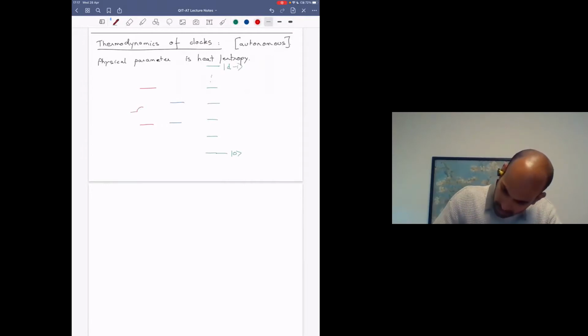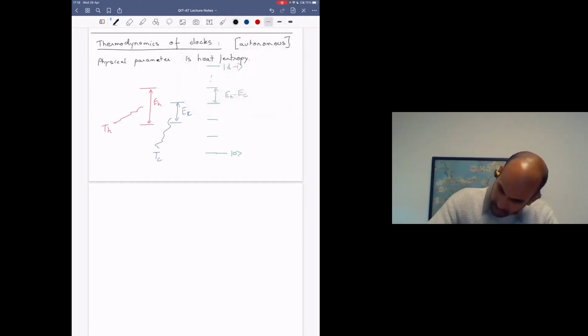Okay, this was coupled to a hot temperature. This was coupled to a colder temperature. And of course you have, so this is EH, this is EC, and this is EH minus EC.